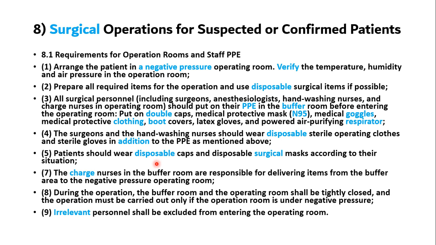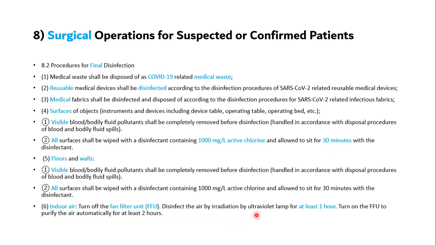Patients should wear a disposable cap and disposable surgical mask according to their situation. The charge nurse in the buffer room is responsible for delivering items from the buffer area to the negative pressure operating room. During the operation, the buffer room and the operating room shall be tightly closed, and the operation must be carried out only if the operating room is under negative pressure. Irrelevant personnel shall be excluded from entering the operating room.